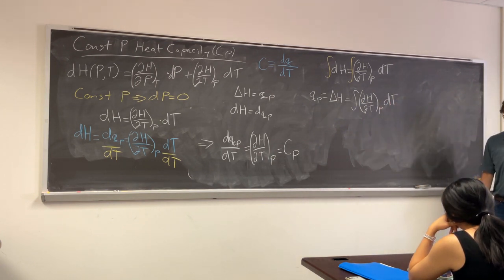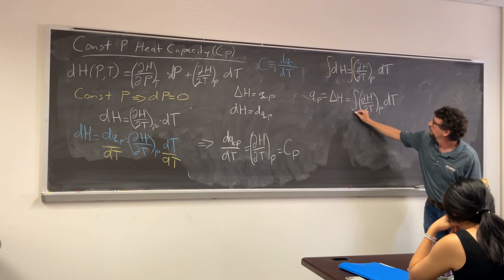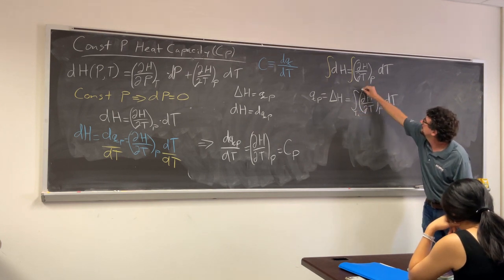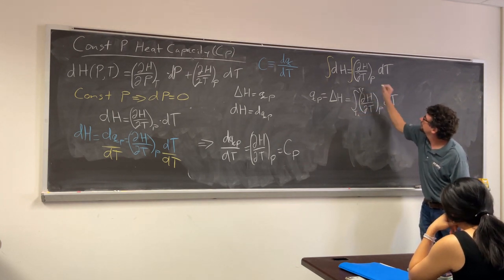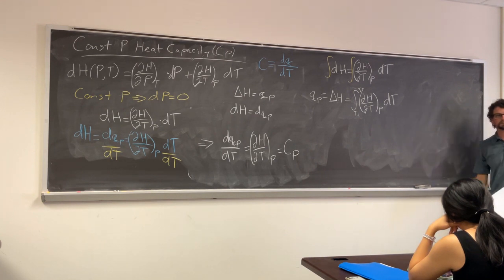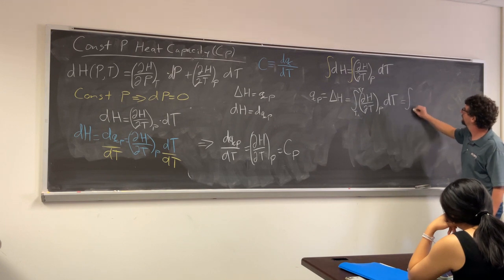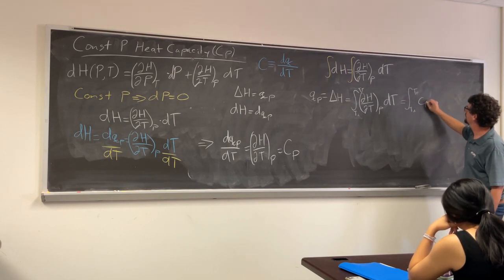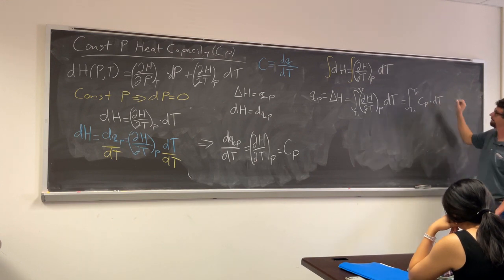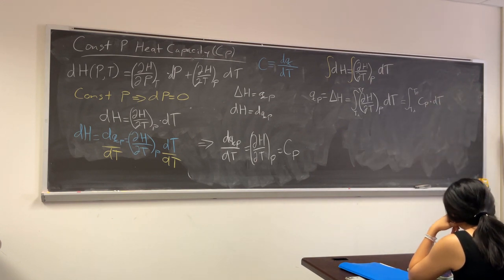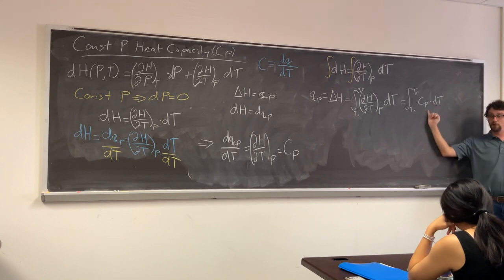Okay, how can we simplify this? Oh, we also have some temperature bounds, Ti, Tf. What are we gonna do here? Yeah. We got Cp dT. Now, technically, this is a function of temperature.